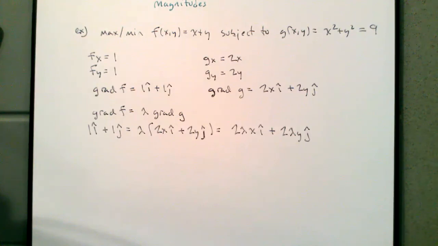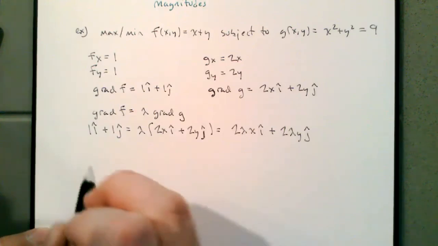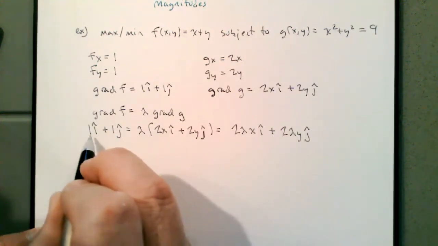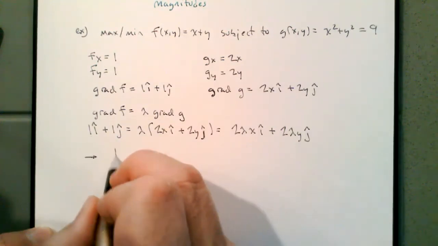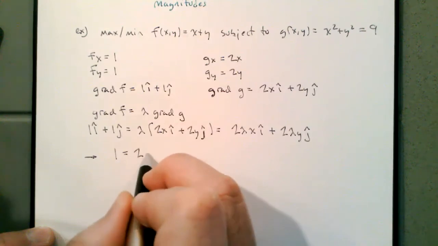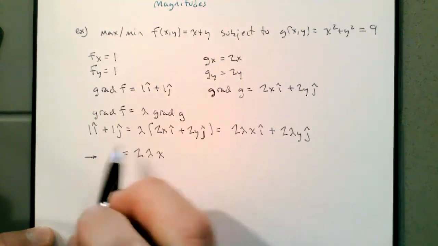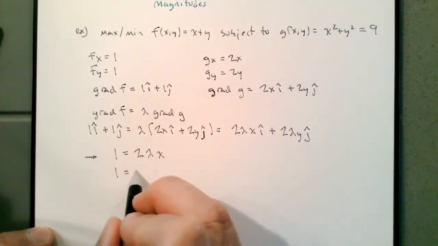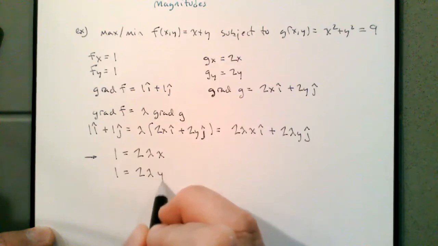If these two vectors are equal, then the components must be equal. So this would mean that 1 is equal to 2 lambda x and 1 is equal to 2 lambda y.